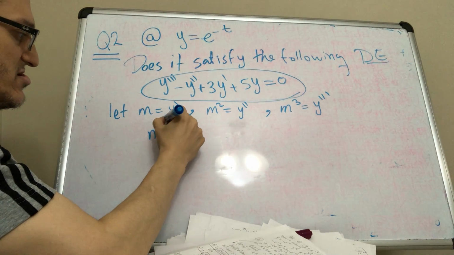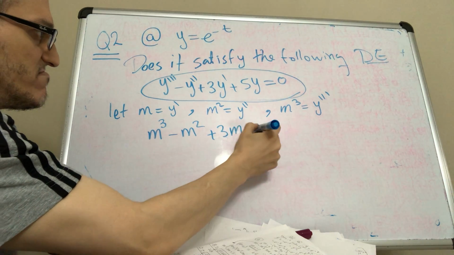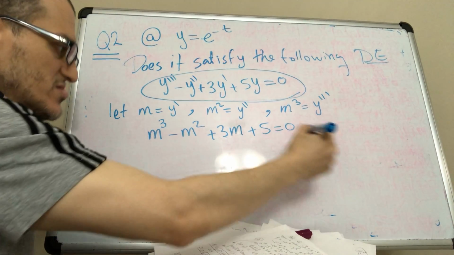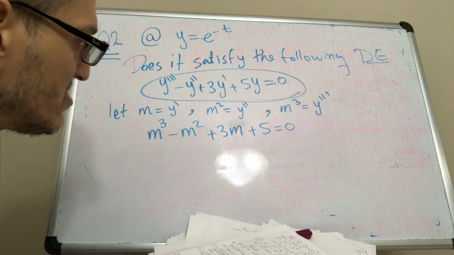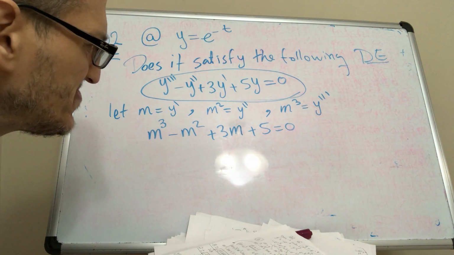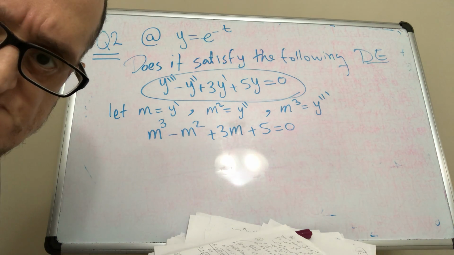This is m cubed plus m squared plus 3m plus 5 equals 0. So you start thinking, well, can we factor this? Is this something we could factor?